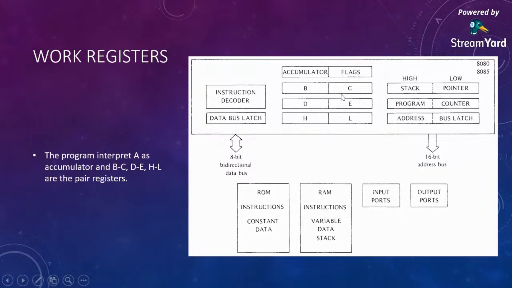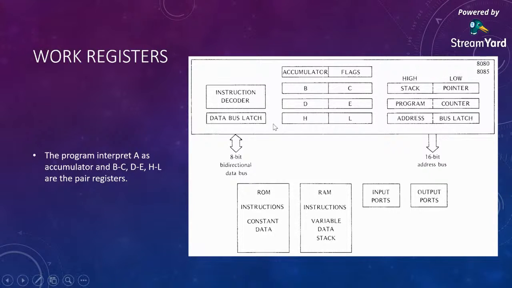Because they work together, the size of the register is doubled, because each of these registers is 8 bits wide. If they are put together, B and C will hold not 8 bits but 16 bits. It is the magic of working together.